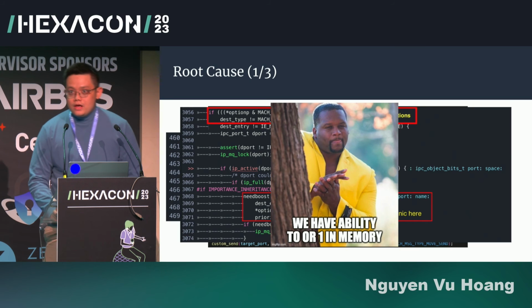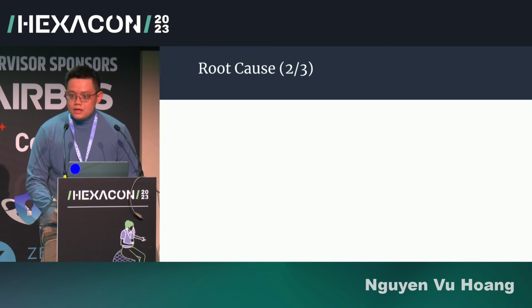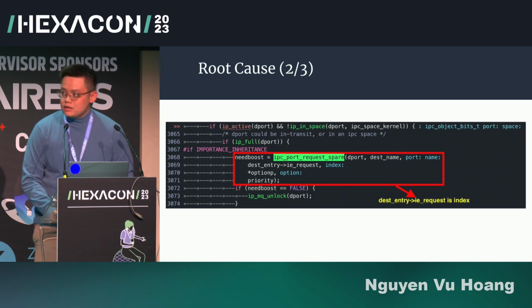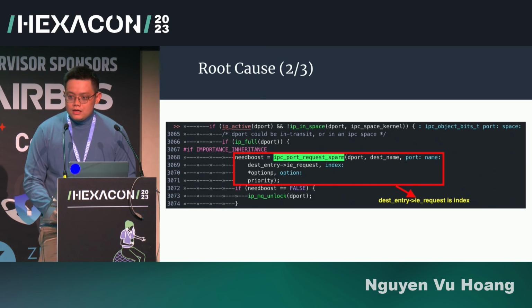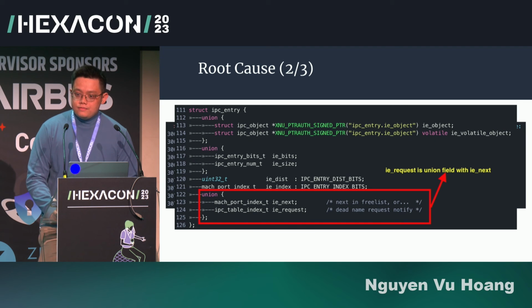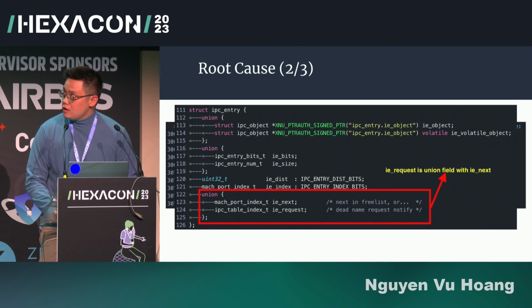So in the end, we have the ability to write one into the kernel memory. To understand these vulnerabilities more deeply, let's take a look at the definition of the ip_requests field in the IPC entries header file.